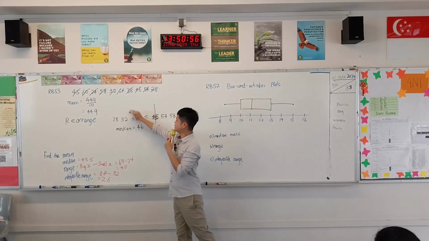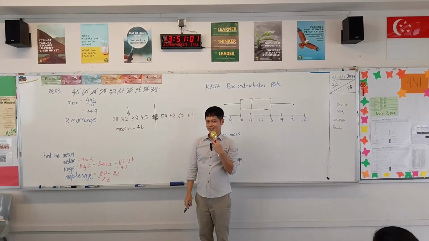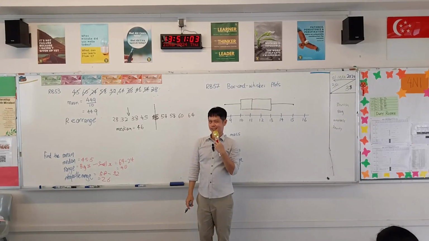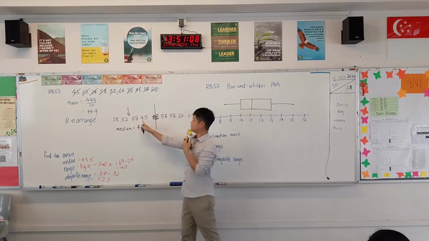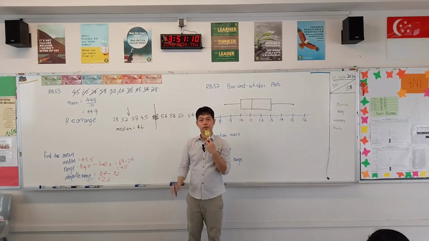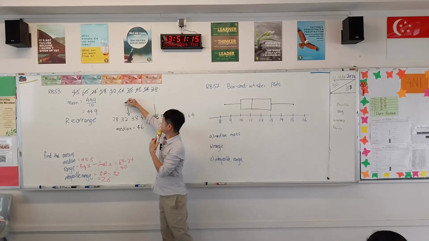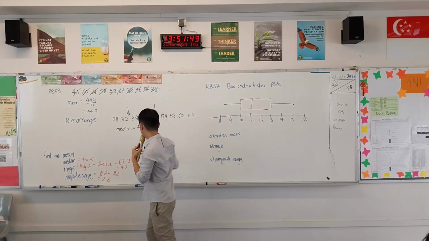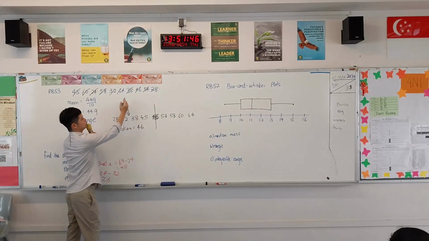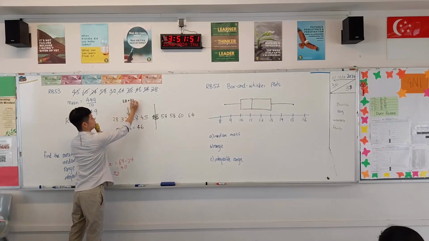Okay, very quickly, where is the lower quartile? Is he thinking already, right? So you need to add these 2 up, divide by 2, answer is 35. Okay, in order to get 35, which is the middle of this, you use 38 plus 32, then you divide by 2.